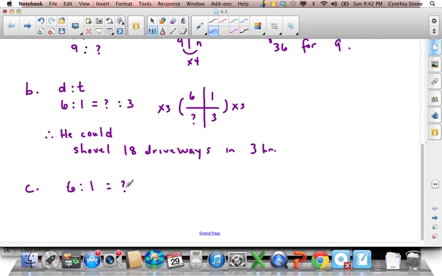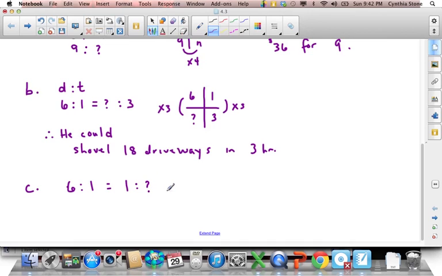Wait, I said that wrong. Take it back. Because we know how long can it take him to do one. So 1 driveway in, I don't know how long.